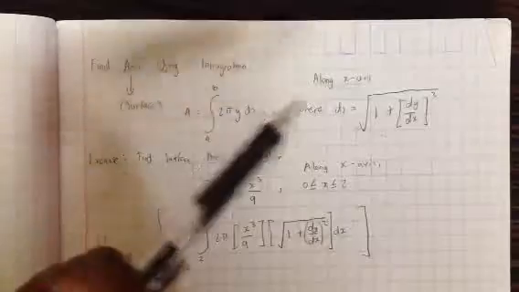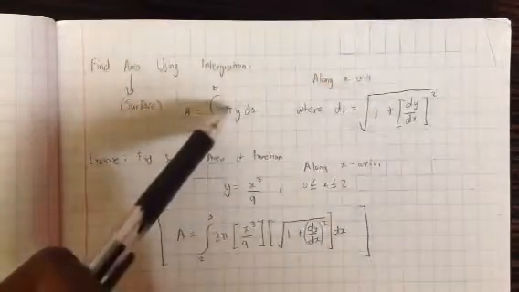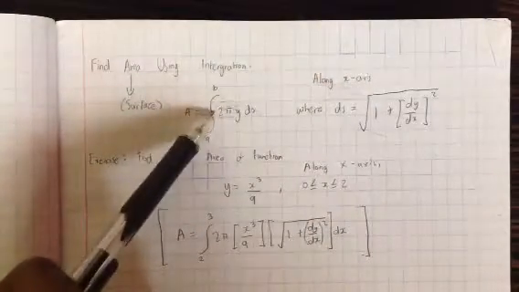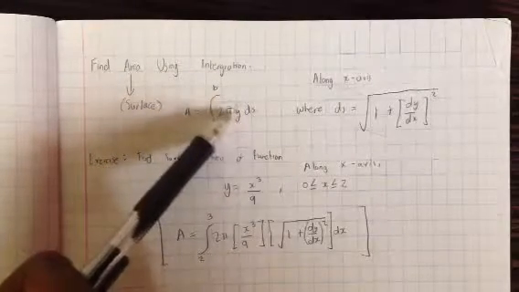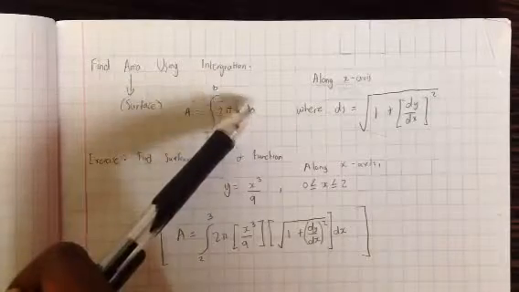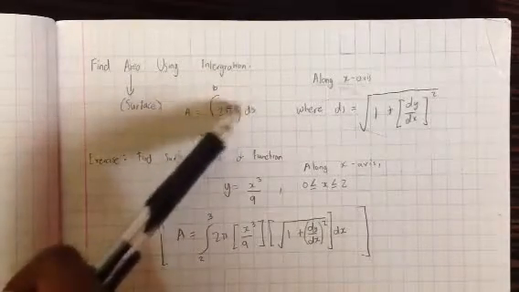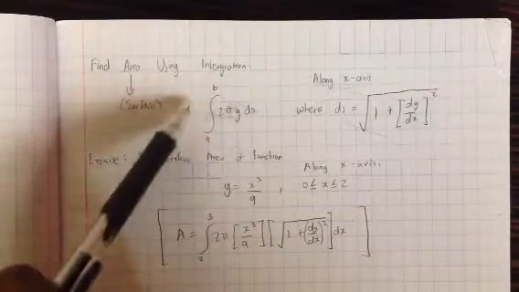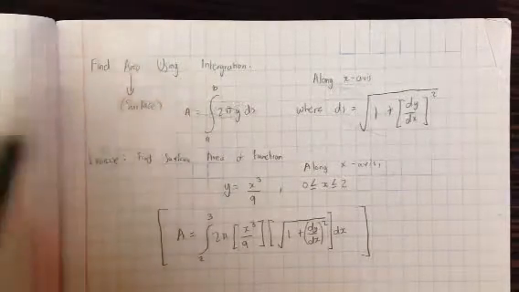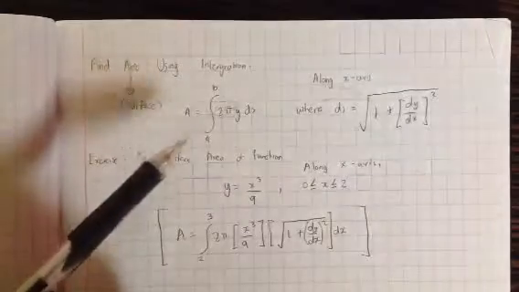Area is length times width, so this is basically that same formula. We have that 2 pi meaning a revolution, y being the function, and ds being the arc length of the function. So basically, we're just trying to get the integral of that, and that will give us the surface area. Let's try to figure that out. I hope that makes sense.